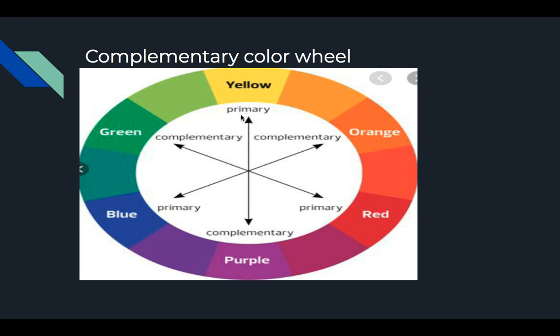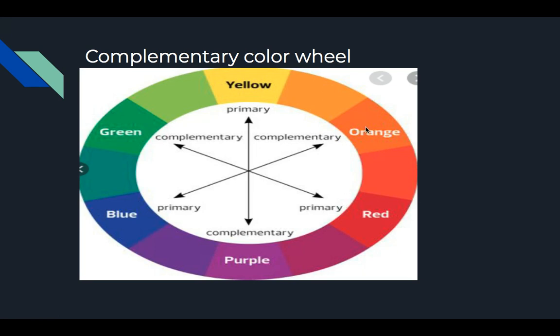We can always tell which colors are complementary because if we look at a color wheel, they're going to be directly across from each other. Yellow is directly across from purple, which makes those a complementary pair. Green is directly across from red, which makes that a complementary pair.